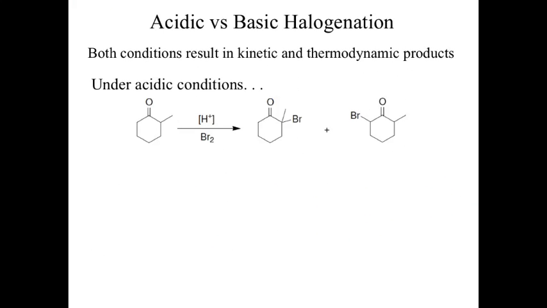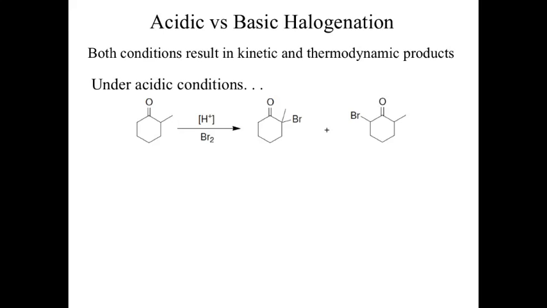Both conditions result in the potential for kinetic and thermodynamic products, which is an interesting concept. So let's take a look at this. In the reaction that we just drew out, there was no difference between our hydrogen sources. Now we do have a difference, because I added that methyl group.